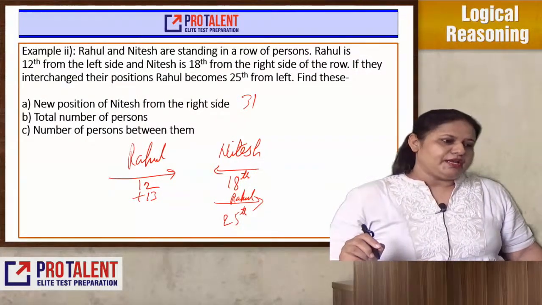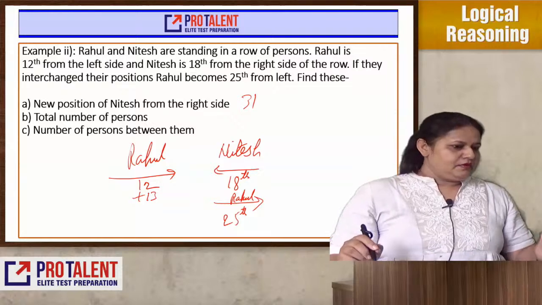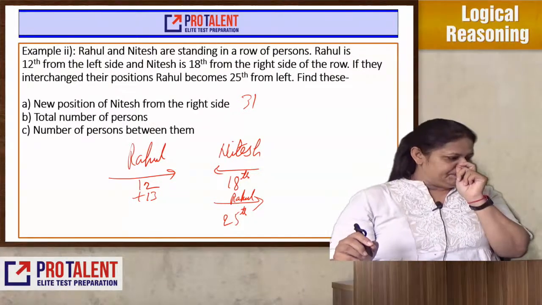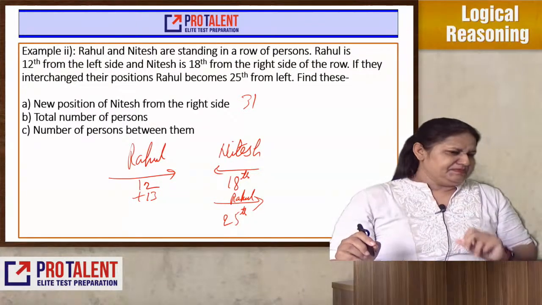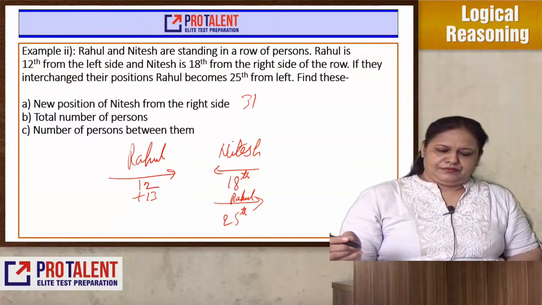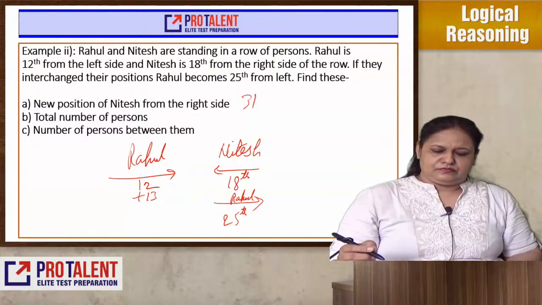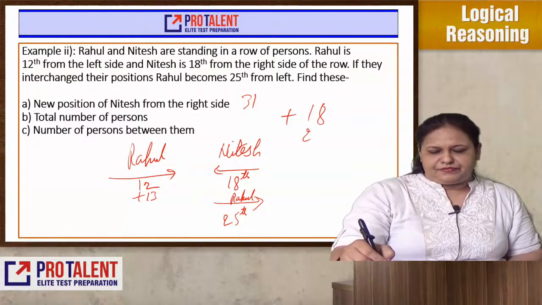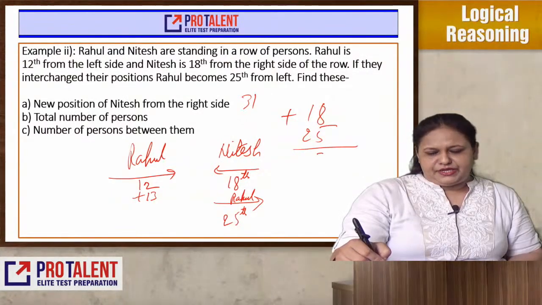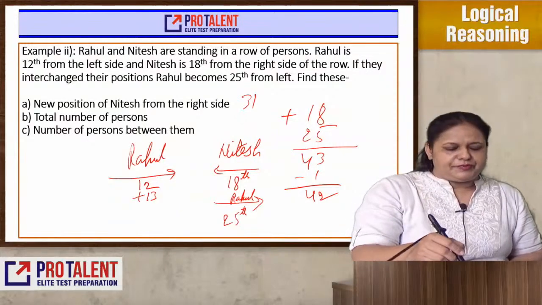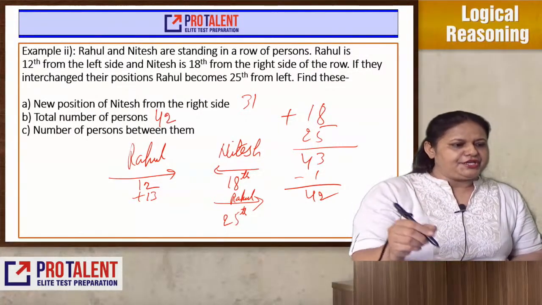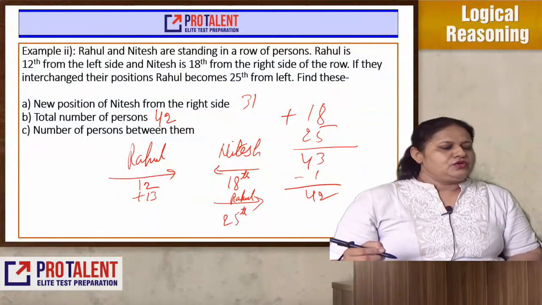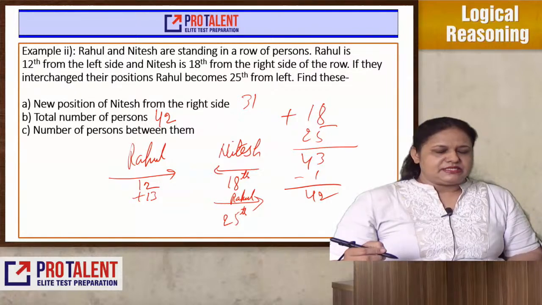Total number of people. Can I say 18 plus 25, which is 43, minus 1? So 42. The total number of persons is 42. Utkarsh, again I think some spelling or calculation mistake is there. It should be 42.